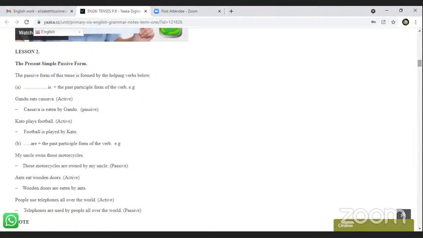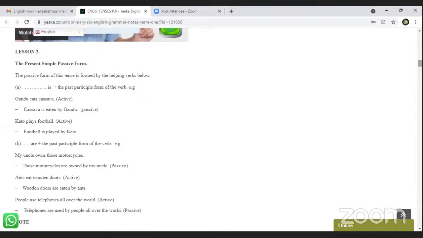This is when we begin with the object of the sentence. When the object of the sentence is what we are interested in, when the emphasis is laid on the object, and active is when the emphasis is laid on the subject.